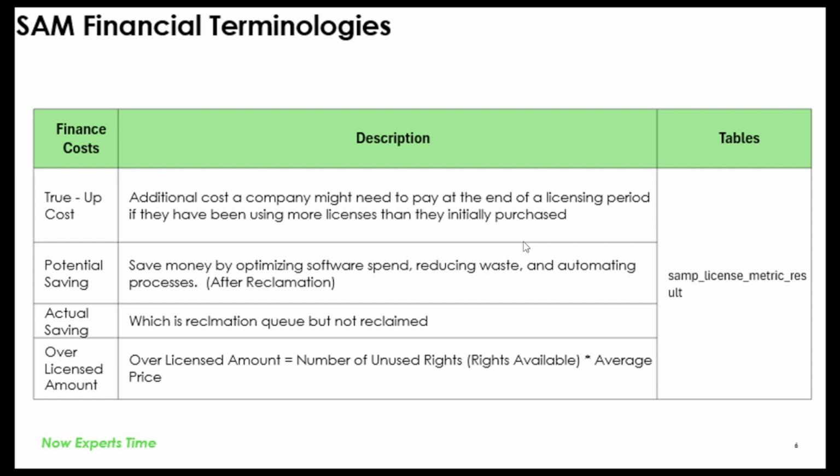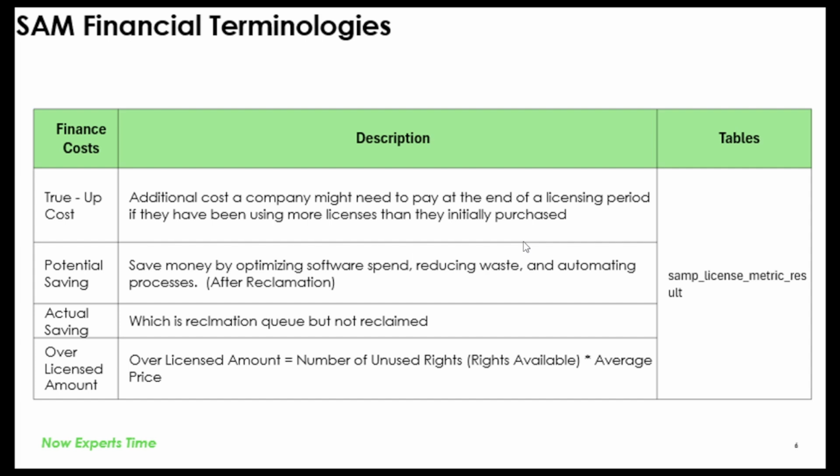To answer this question, these two pillars, actual savings and potential savings, are going to help. Actual savings help to understand the cost before reclamation. Potential saving helps to understand the cost after reclamation.